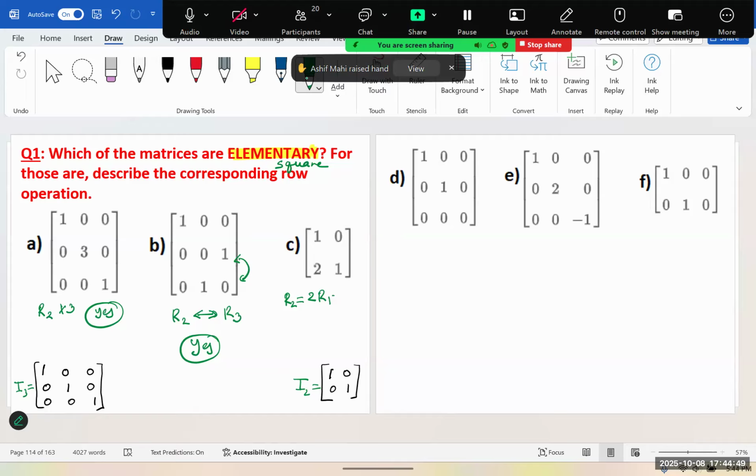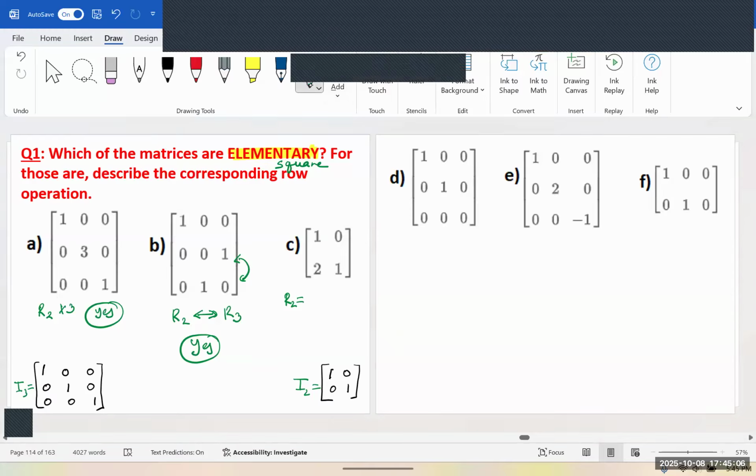Yeah, subtract. Row 2 minus 2 row 1. So 2 row 1 is 2 0. Row 2 is 0 1. When you add, you get 2 1. Perfect. Yep, you got it.